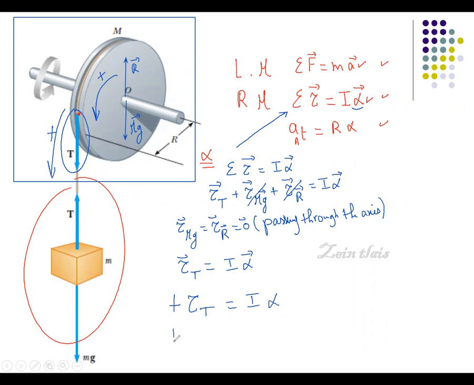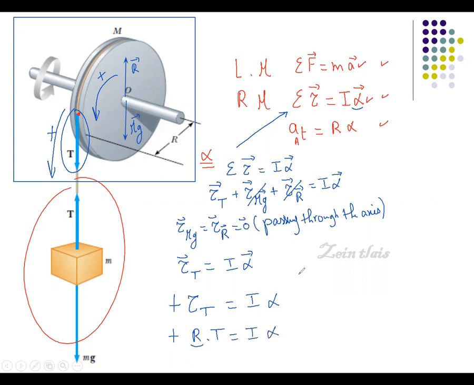Here you have to put the absolute value of tau. It's equal to r times T. R is the distance between T and the axis, and T is the value of the tension, which is equal to I times alpha.